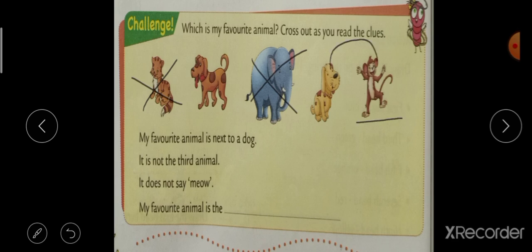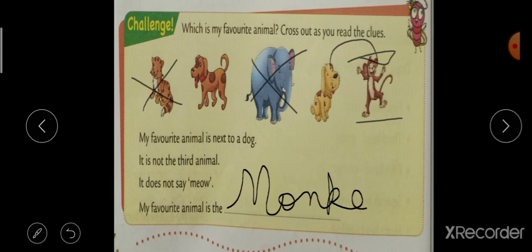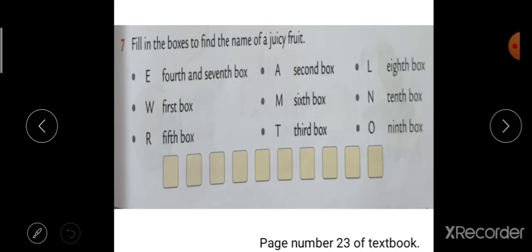Who's next to the dog? This. Okay, so next to the dog, cat is also crossed out. Elephant is also crossed out. So we have monkey. So monkey is the favorite animal. Okay. Now this is page number 23 of textbook.